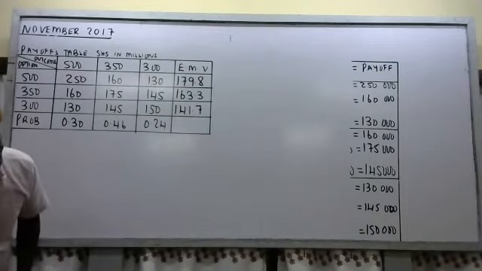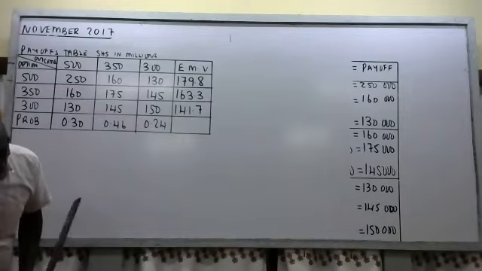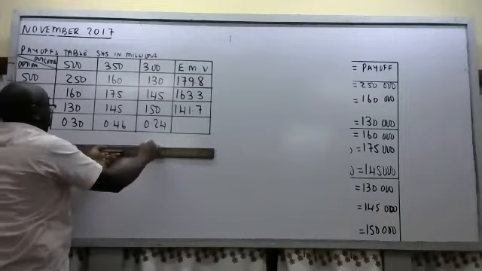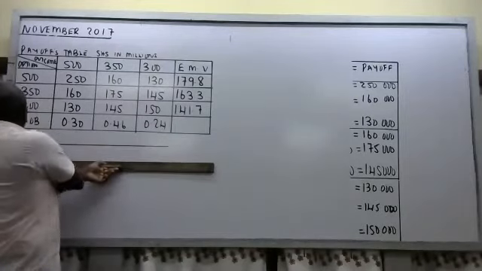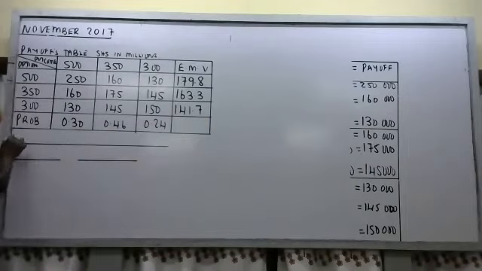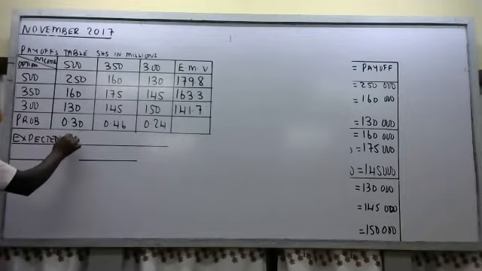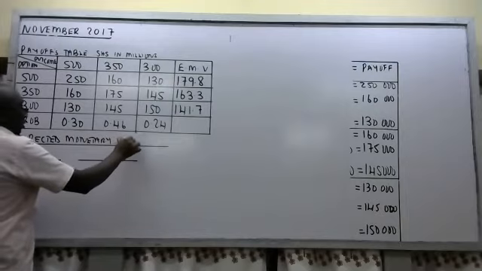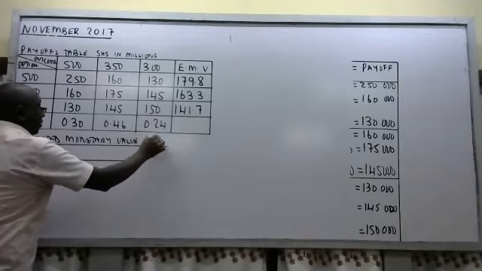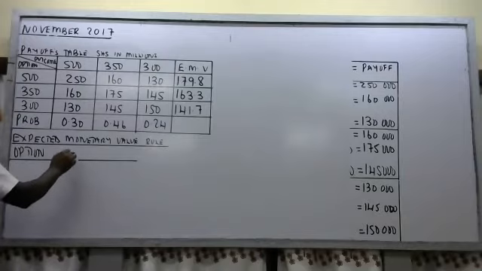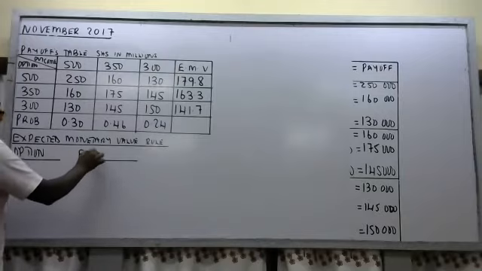So we are told to advise them on the basis of the expected monetary value rule. So we do have the option, and then we have the EMV.